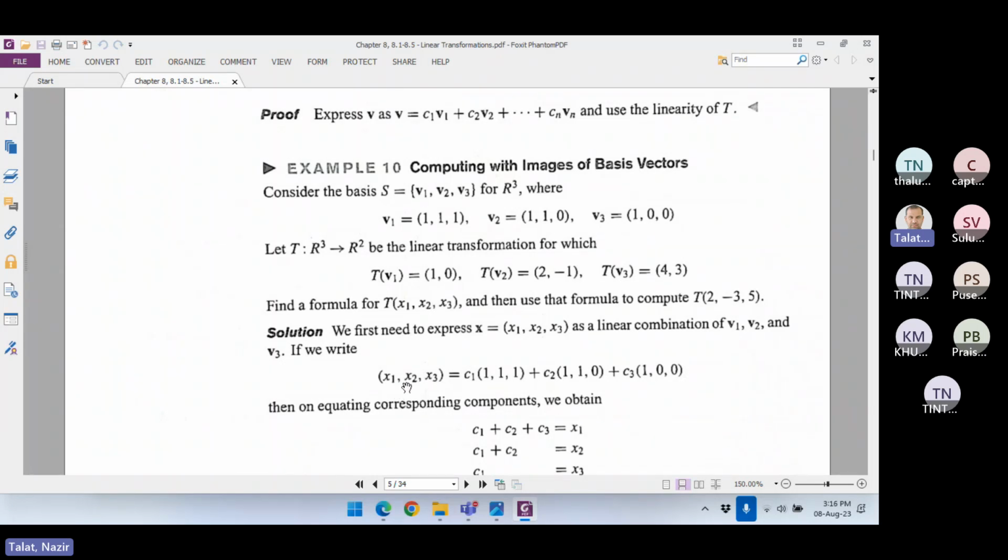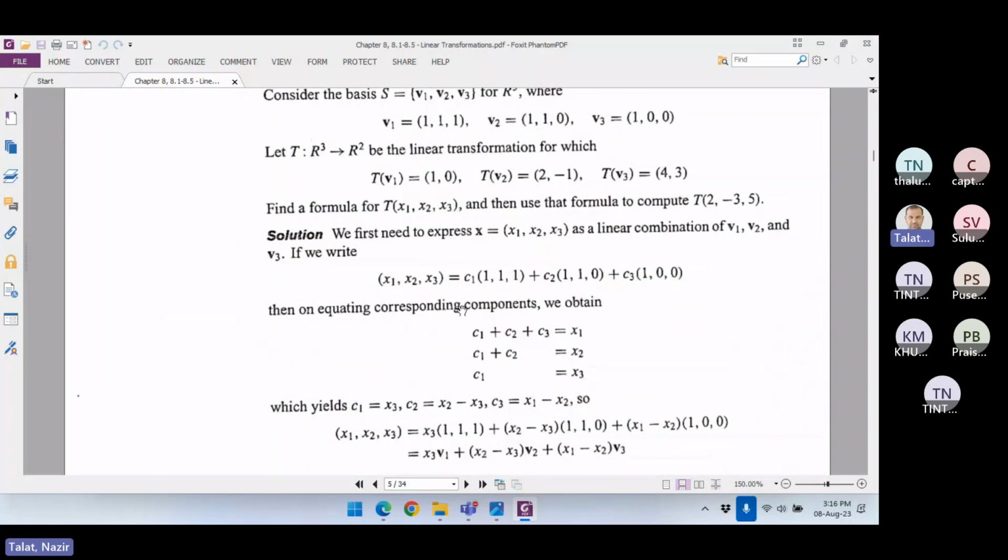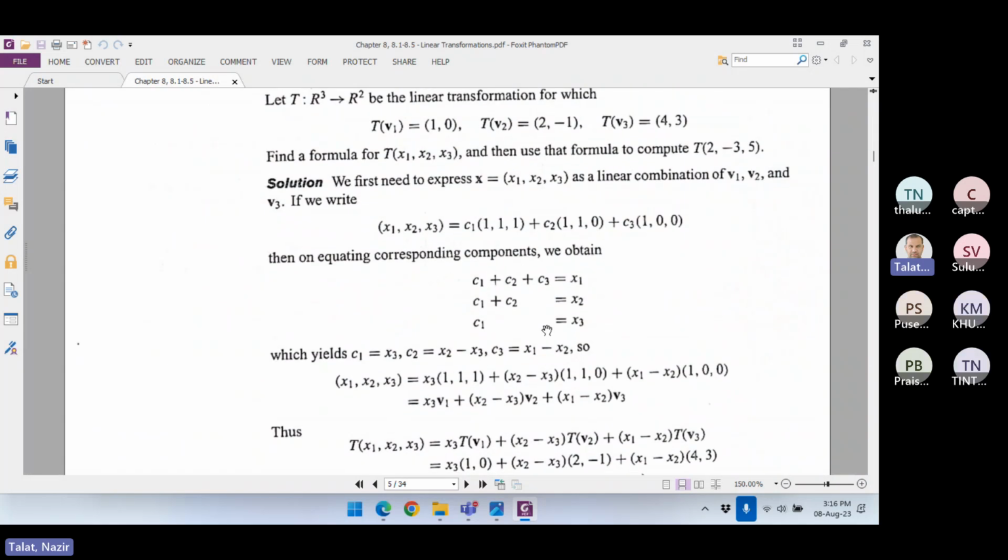So for a general (x1, x2, x3), we can write c1 v1 + c2 v2 + c3 v3. If we multiply these out into a linear system, it becomes three equations, and we can find the solution by any method, by elimination, substitution, Gauss-Jordan, or any method, to get the values of C1, C2, C3.